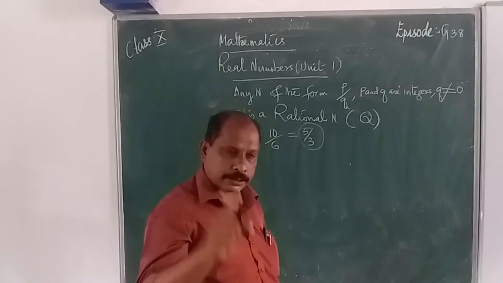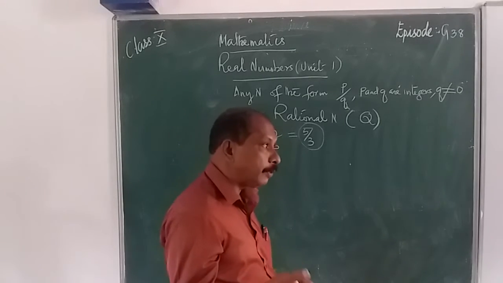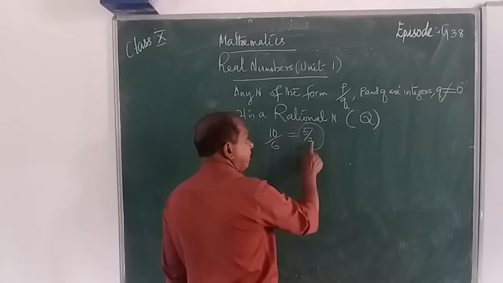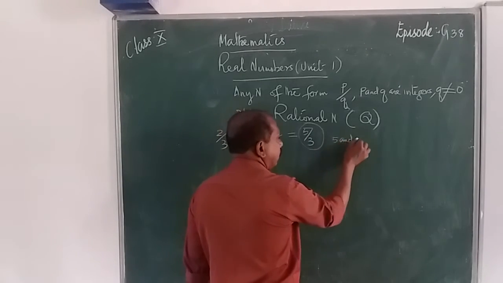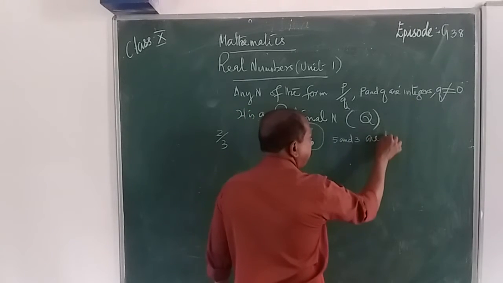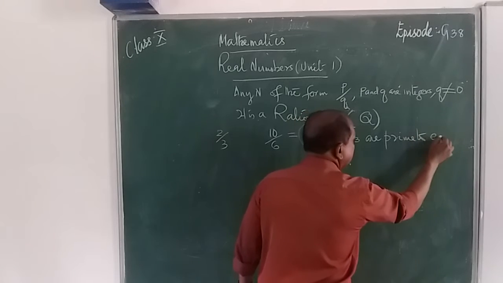Therefore, that is the standard form of a rational number, which implies that 5 and 3 are prime to each other.